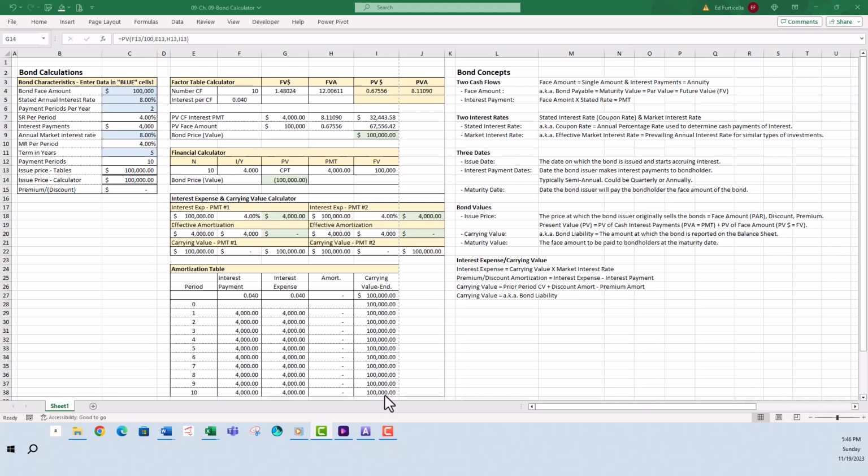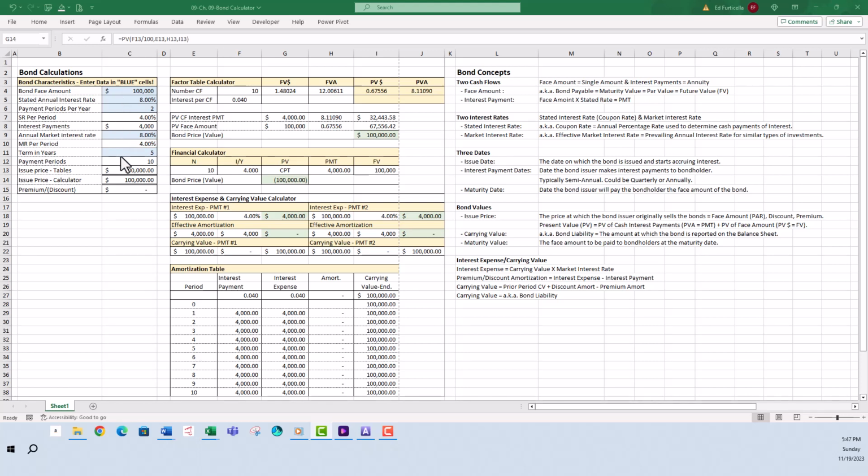Hope this video helps. I encourage you to download the model and play with the model. In the model, the only cells that you need to change are the blue cells. So you can change the amount, the stated rate, the payment periods, the effective market rate, and the term. Those are the only cells you need to change.